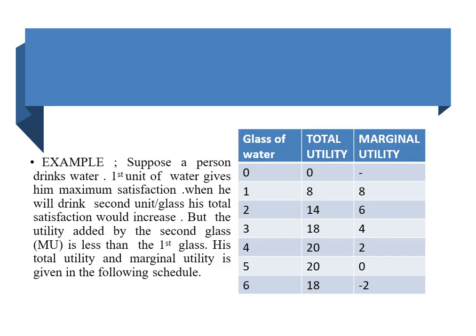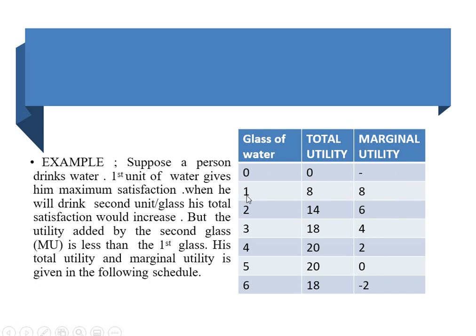As you can see, we have a table here. The table shows that a particular person is taking 6 glasses of water, and against these 6 glasses his total utility and marginal utility are given. When the person is not taking any glass, his total utility and marginal utility are 0.